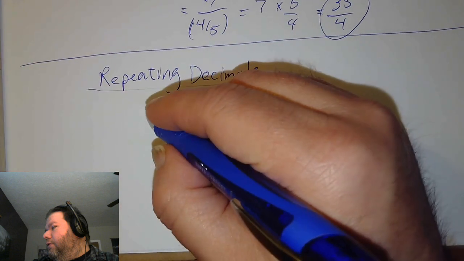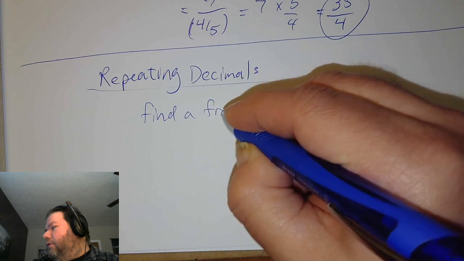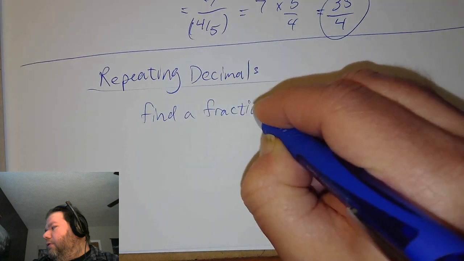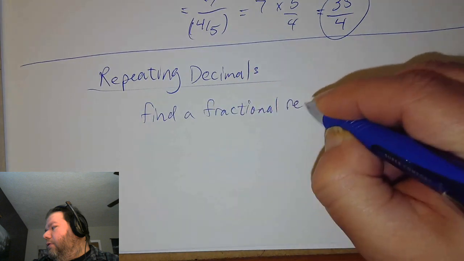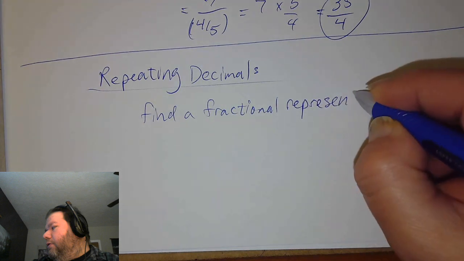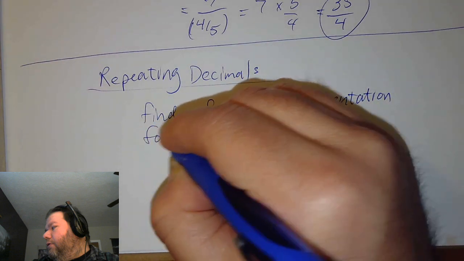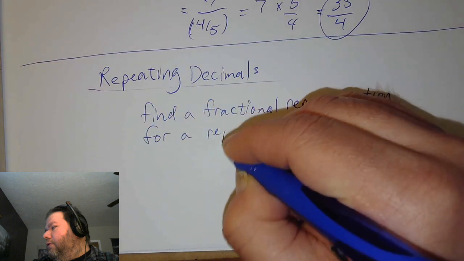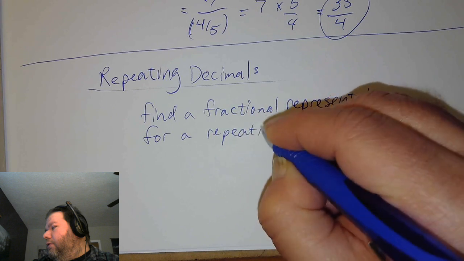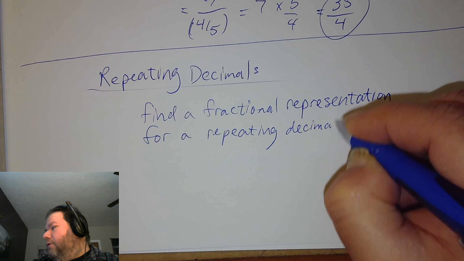The idea is we want to find a fractional representation for a repeating decimal using series.